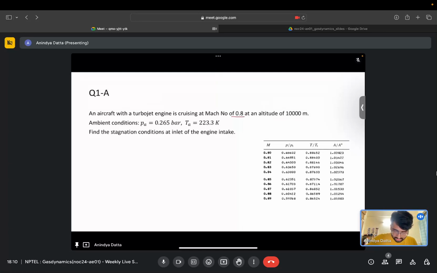The ambient conditions are a pressure of 0.265 bar and a temperature of 223 Kelvin. We have to find the stagnation conditions at the inlet of the intake. Let's say we need to find the stagnation temperature. We can use the formula 1 plus gamma minus 1 by 2 M square.